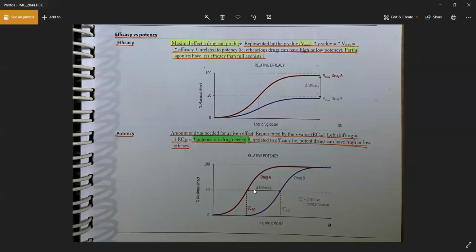Whenever a question stem describes a graph that is shifted to the right after giving a drug, that means it is a loss of potency, right? And it could be the case with norepinephrine with phentolamine.